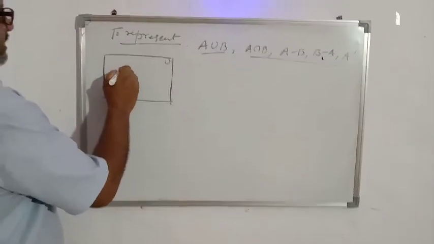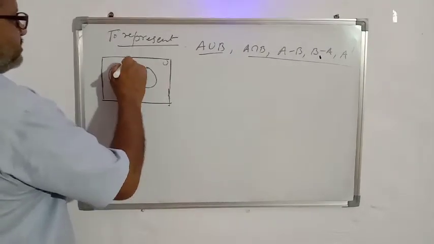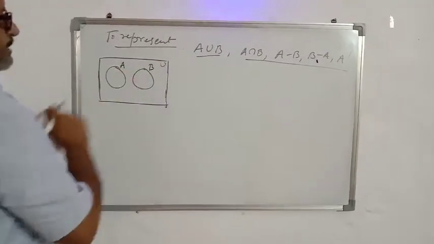Inside the rectangle, we have made two circles, one for set A, another for set B.